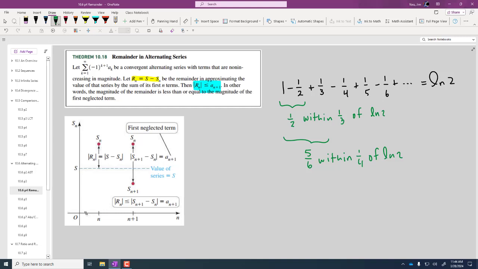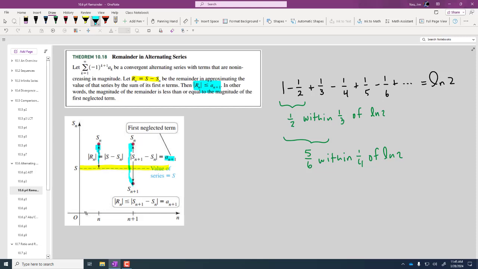So it's a very simple way to analyze the remainder, and here is the visual for it. If your S sub n is right there, and this is where you're going to converge to, then this distance right here, that's your remainder, right? Your remainder is the difference between the sum and your S sub n. But the next term is going to take you from there all the way past what the sum of the series is to down there.